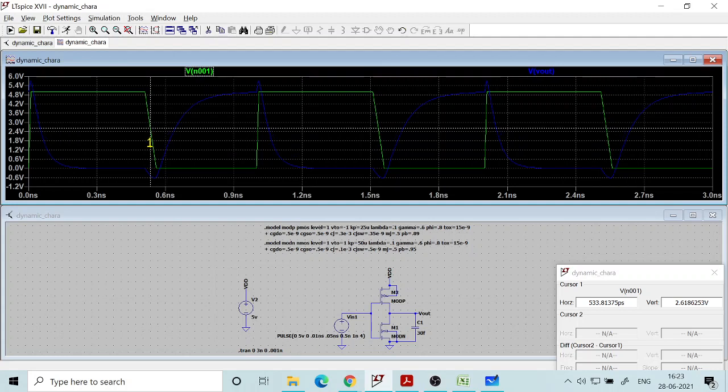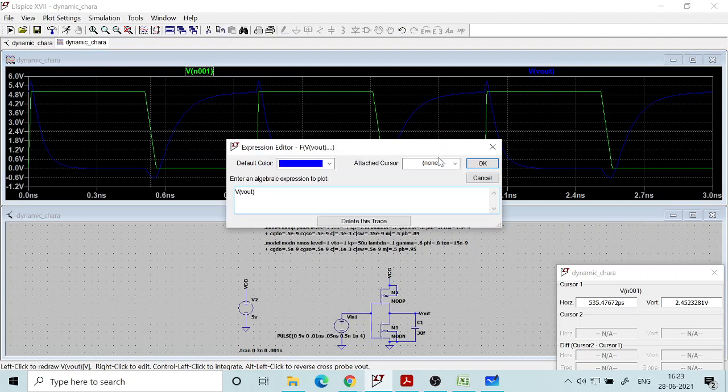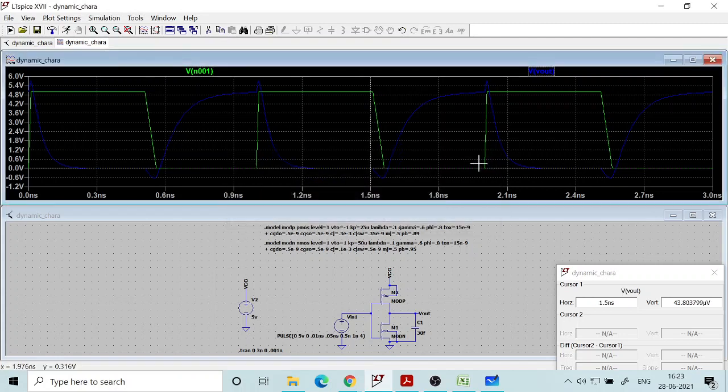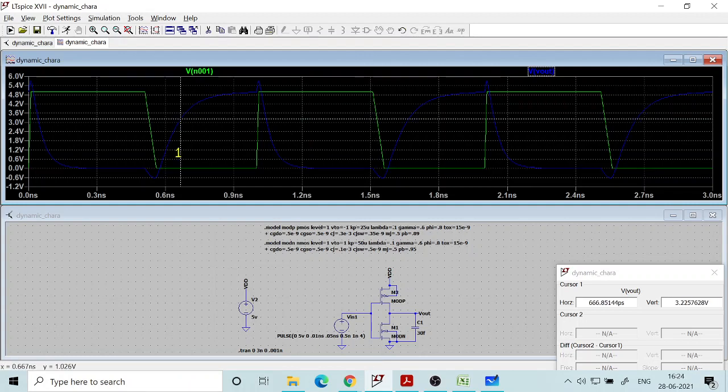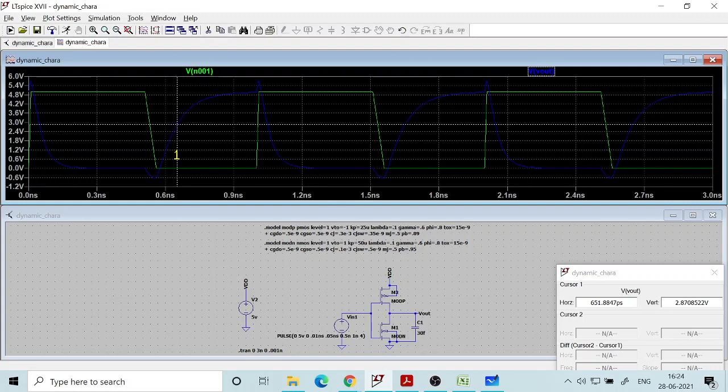You look for 2.5 roughly, and then you take one cursor for the output also, and find the 50% point of the output.